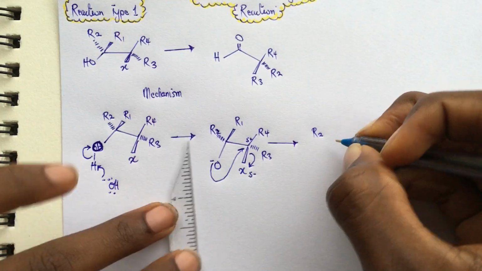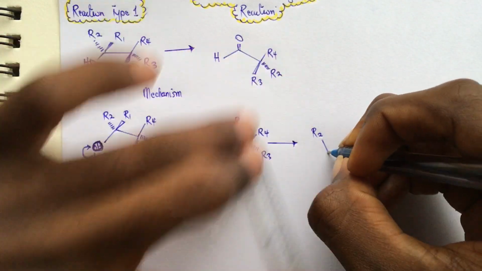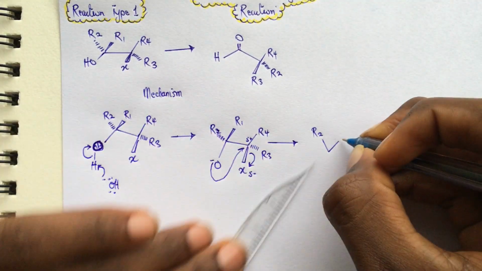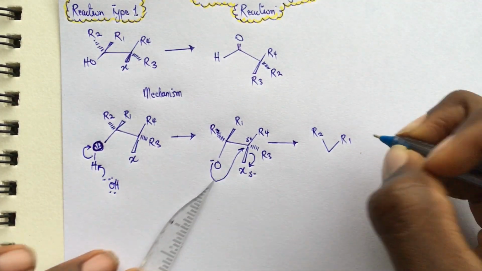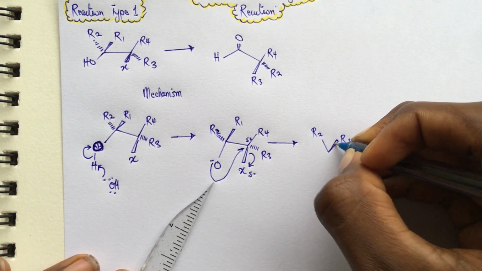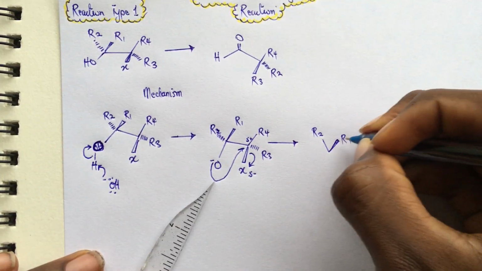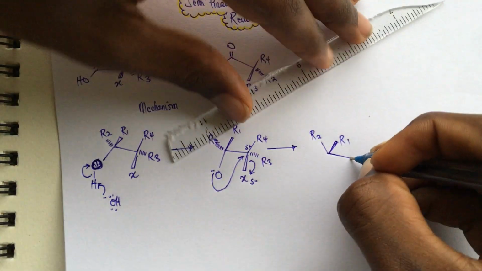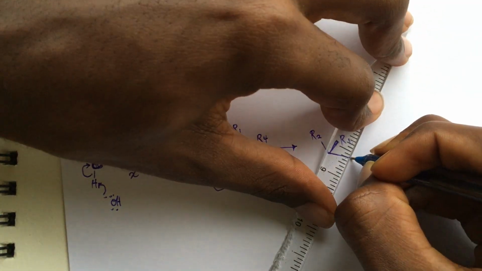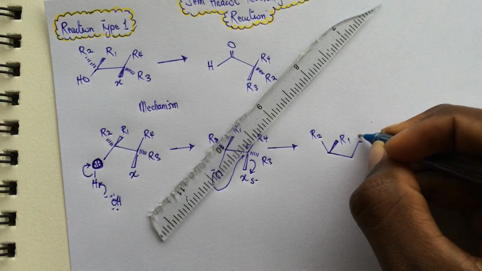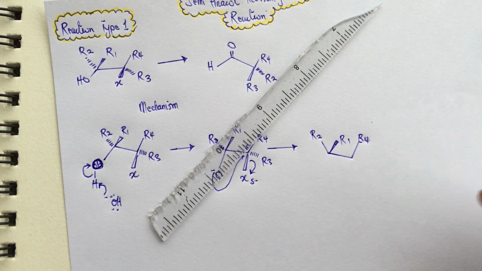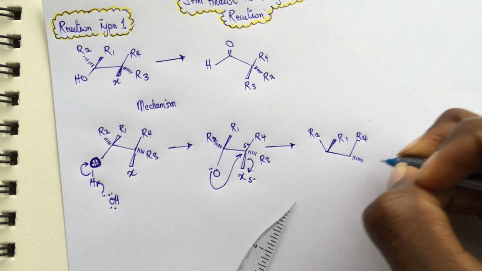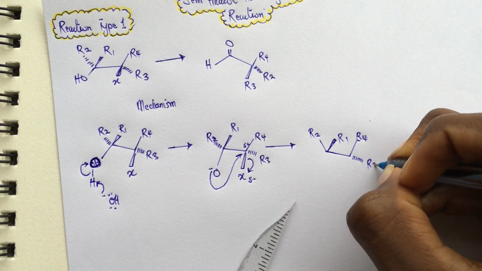R2 will be here, right? We are also going to form something like this, and this is the carbon, we are having our R1. R1 is kind of a solid wedge. And then let me move to the other carbon and put my R4 here, and then my R3 here.